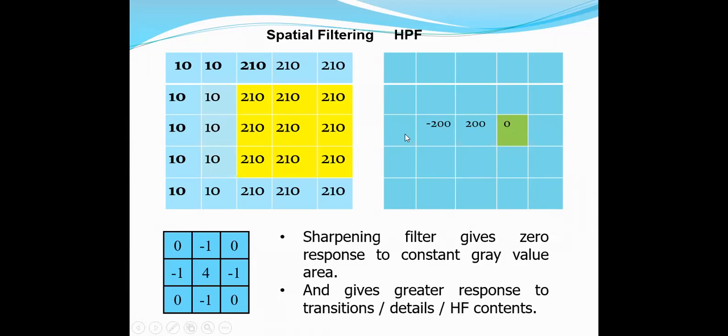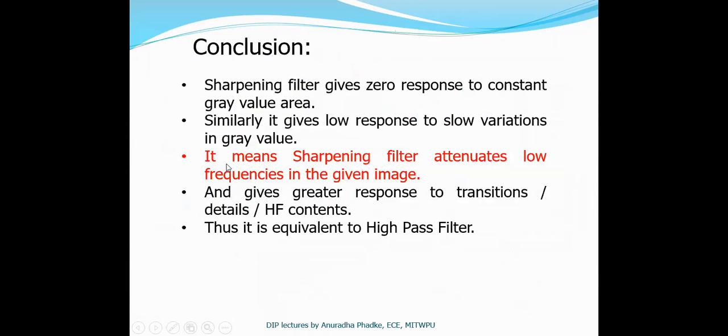Okay. So from these results, we can conclude that the sharpening filter gives 0 response to constant gray value areas, and similarly, it gives low response to slow variations in gray value. It means the sharpening filter attenuates low frequencies in the given image, and it gives greater response to transitions, details or high frequency contents in the image.